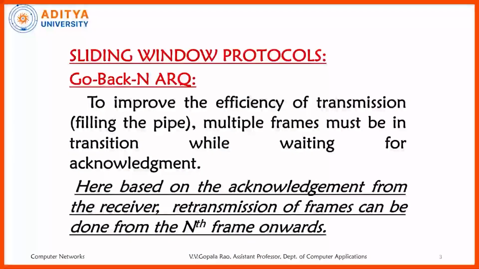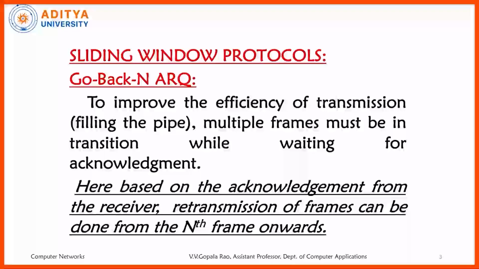The sliding window is nothing but a buffer, you can call it a memory area, where the frames are designated with some numbers, and the total number of frames in the window is predetermined.